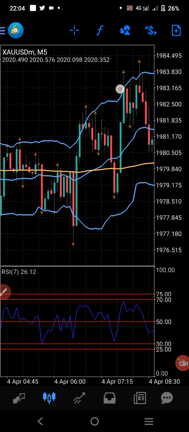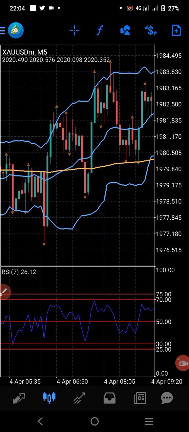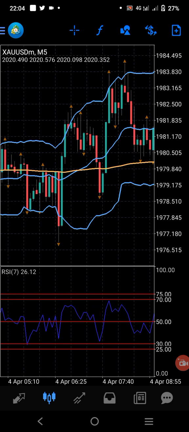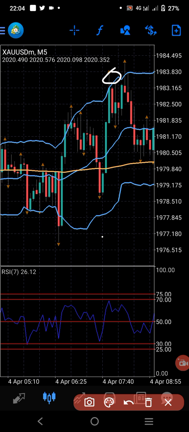If we look at it at this point again, when it broke the Bollinger Band and closes inside the Bollinger Band, we would have made our entry at this point too.